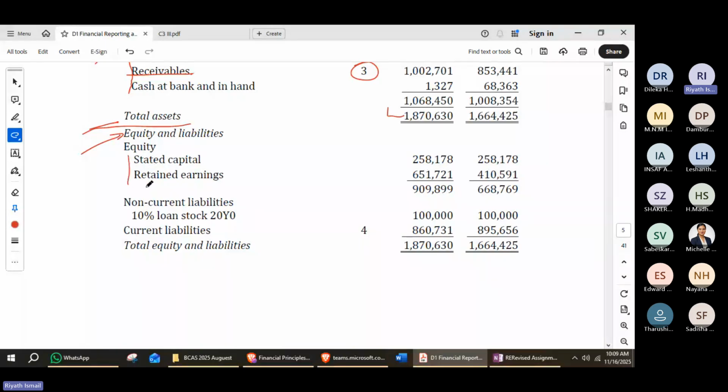In the equity, there are two things, stated capital and retained earnings. And in the non-current liabilities, they have only one item, that is a 10% loan. So there's no change. And current liabilities, you can see note number 4 for more details. So assets and liabilities are equal, right? So this is the information given to us.